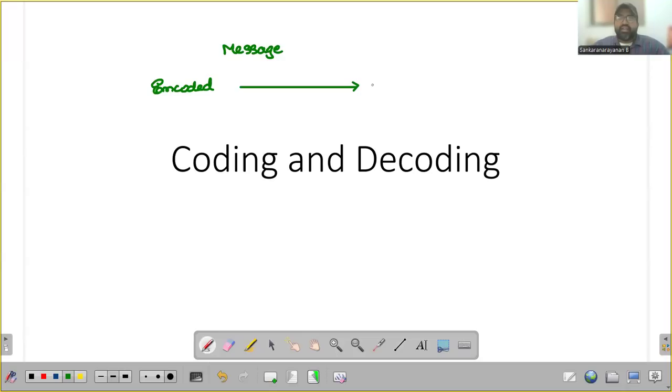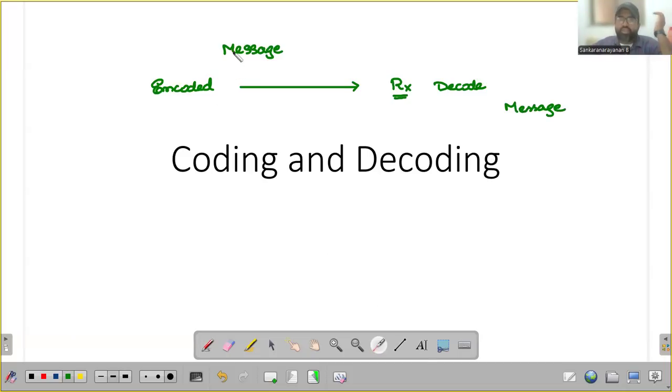And then you can see that there is a receiver. That guy will be receiving that coded message. Okay. So that receiver will decode that message, and then he will be able to retrieve the original message that was sent from a source.